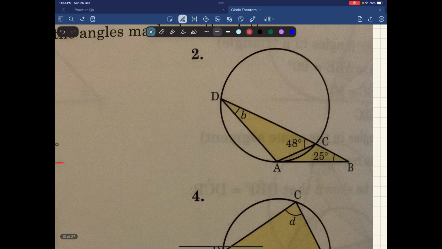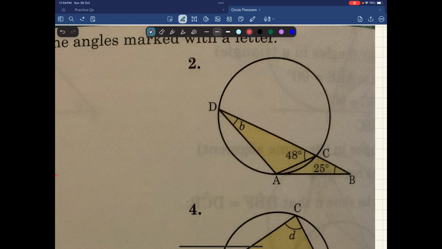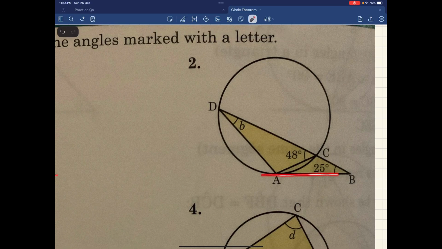Let's have a look at question number 2. So let's see. This is a tangent. This is the chord. So the angle made at the point of contact between the chord and the tangent, so basically this angle, is equal to the angle subtended by the same chord. Which chord is that? That is chord AC in the alternate segment.